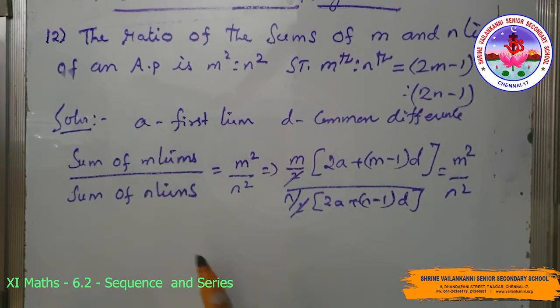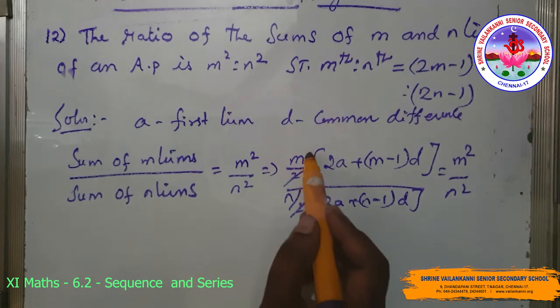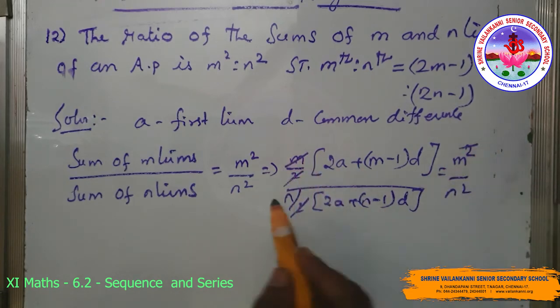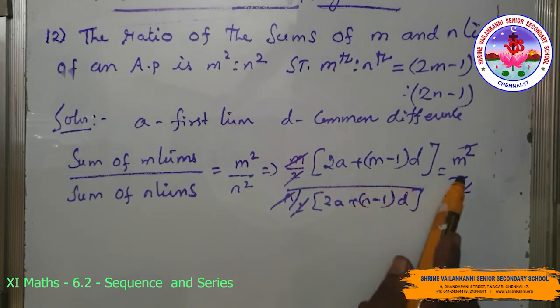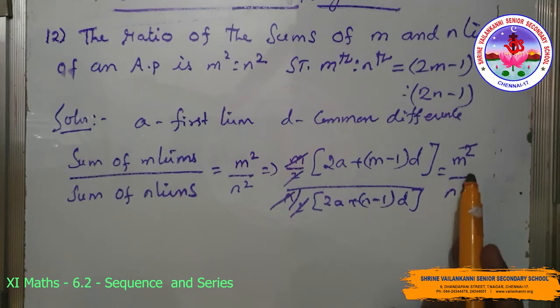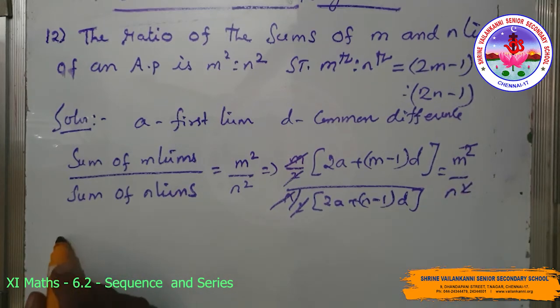Then using the formula, [m/2 (2a + (m - 1)d)] / [n/2 (2a + (n - 1)d)] = m square by n square. So cancelling 2, and cancelling one m and one n, we have (2a + (m - 1)d) / (2a + (n - 1)d) = m/n. Call this equation 1.